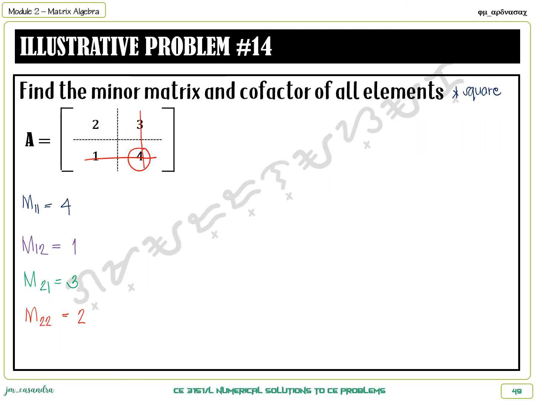So, if we're going to write now the equivalent matrix of your cofactor, that is now AC, is equal to, so we'll have positive, negative, negative, positive.